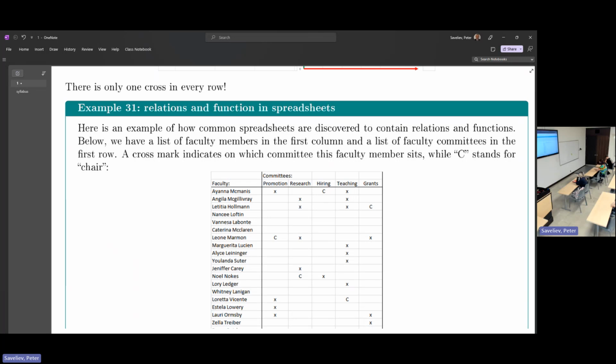I still say there is a function here. You have to just take a different look. There's a function there. What if we go backwards?